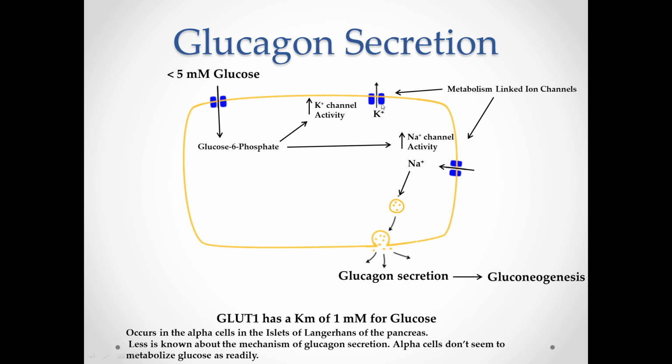So potassium channel activity is activated. That activates some sodium channels, and sodium channel activation leads to the secretion of glucagon, and that allows gluconeogenesis to occur. This transport mechanism is via a transporter called GLUT1 that has a lower affinity for glucose.